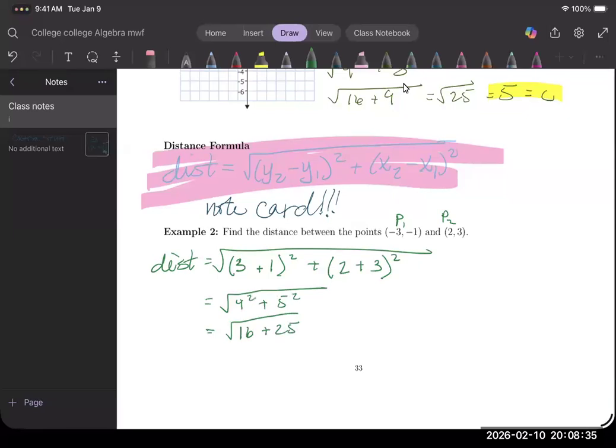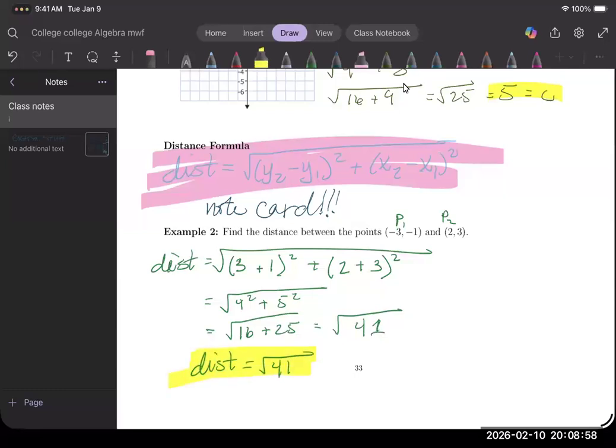Oh gosh, y'all are making me do mental math. That's so rude. 5 plus 6 is 11. Carry the 1. 1 plus 2 is 3, plus 1 is 41. All right. That's it. 41 can't be broken down anymore. So the distance between these 2 points is root 41.